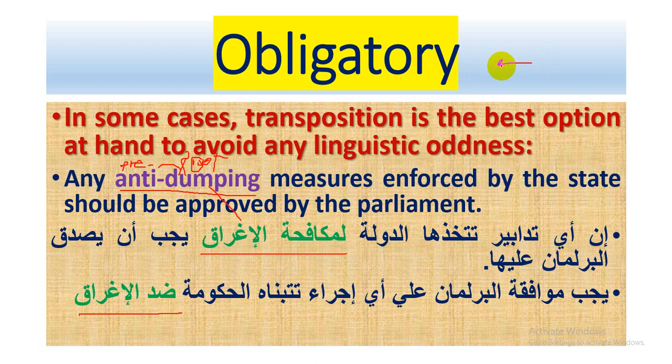So one way to handle this problem is to think of changing this part of speech into another part of speech. That is to say, we can change a noun into some other part of speech. It could be an adjective, it could be an adverb, it could be a verb, or we could change an adjective into a noun, or into a noun phrase, or into a prepositional phrase.